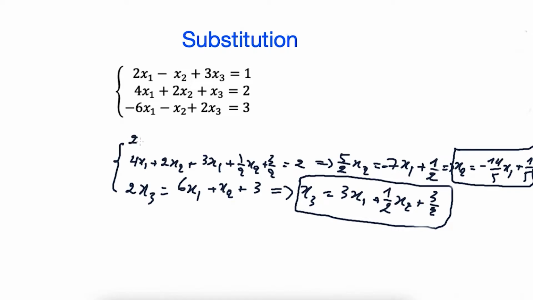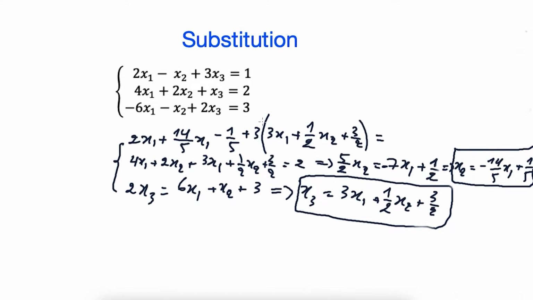So we have 2x1 minus x2, which is minus minus 14 over 5 x1 plus 1 over 5, so it will be plus 14 over 5 x1, minus 1 over 5, and plus 3 times the value of x3, so 3 times 3x1 plus 1/2 x2 plus 3 over 2, and this equals 1.